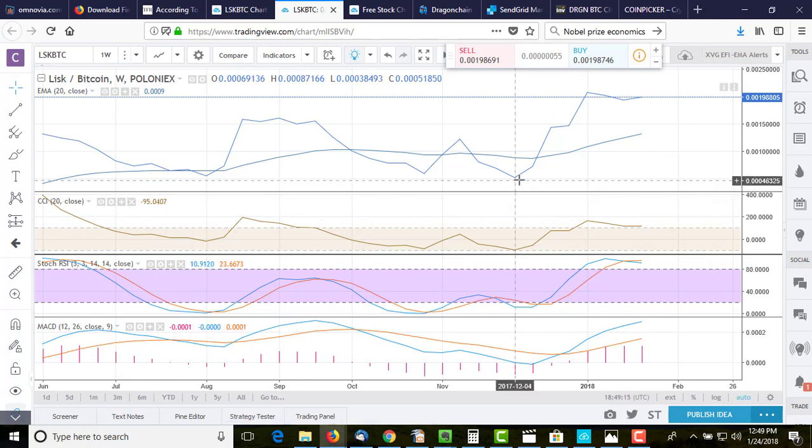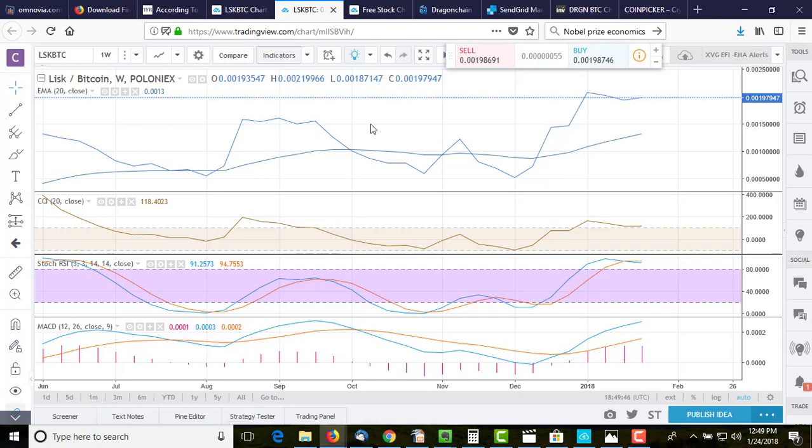As it stands now, I'm not a huge fan of Lisk, but I am reviewing it to let my viewer know what my opinion is on it. At this point, Lisk is destined to tread water, more or less, or go lower because it's slightly overbought in the stochastic RSI. It's got a positive trend in the MACD, but it is reaching a high point.